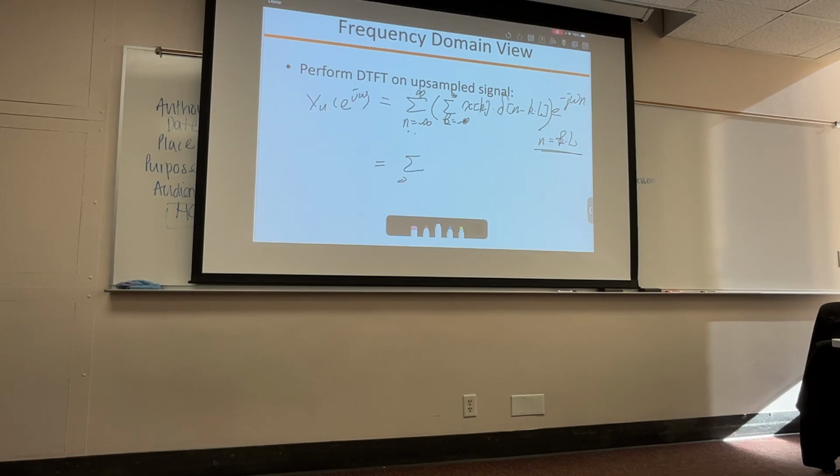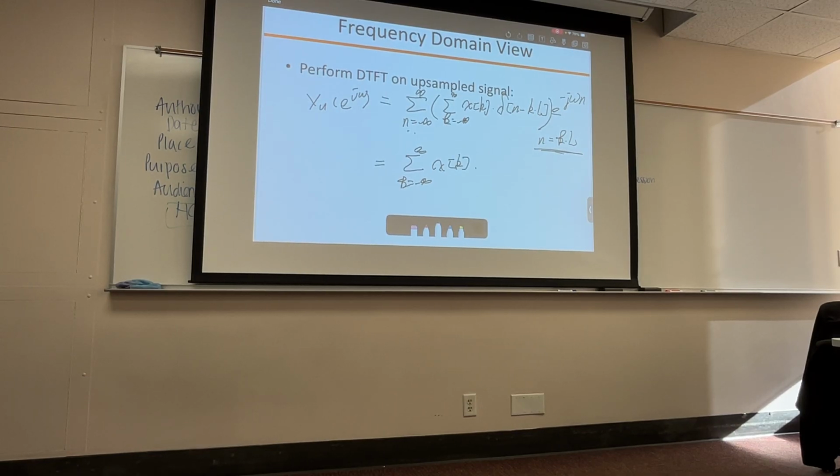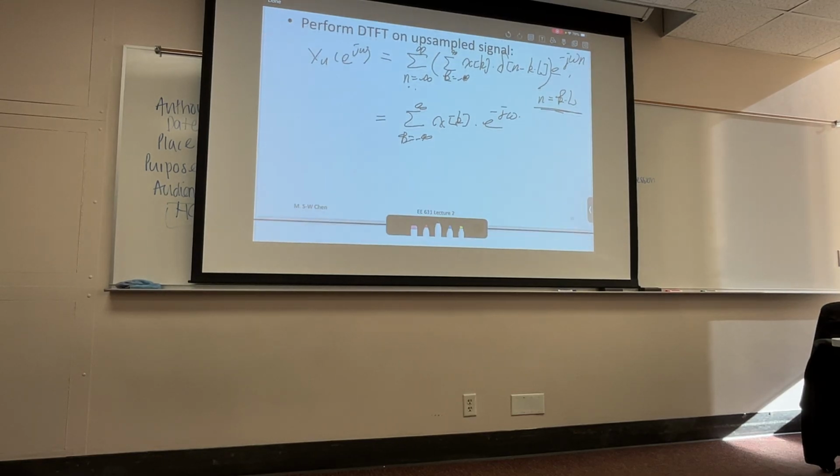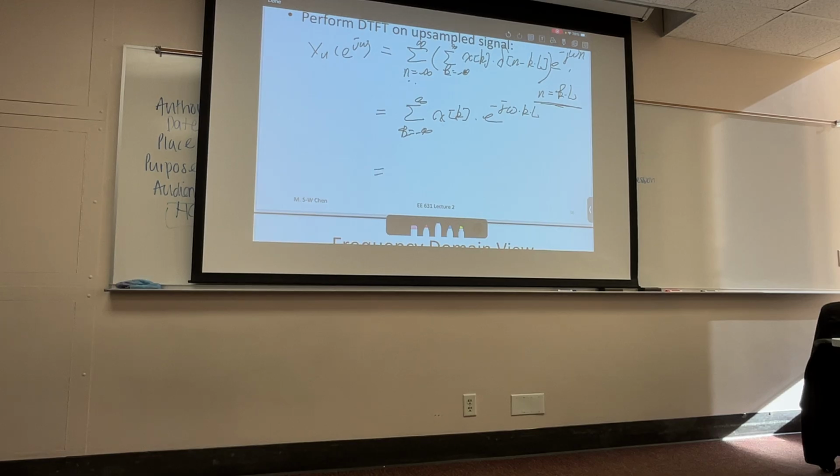So what you end up with is k from minus infinity to infinity, x of k, when n equals kL, and then you still have the exponential function e to the power minus j omega n, and we know that n has a value only when it is kL. This is just algebra manipulation.